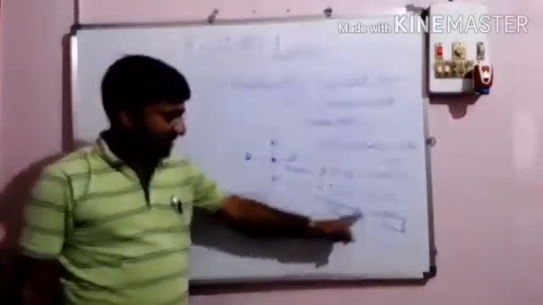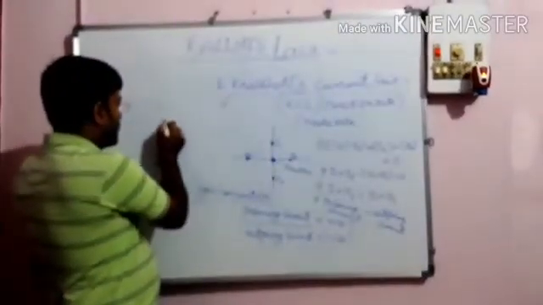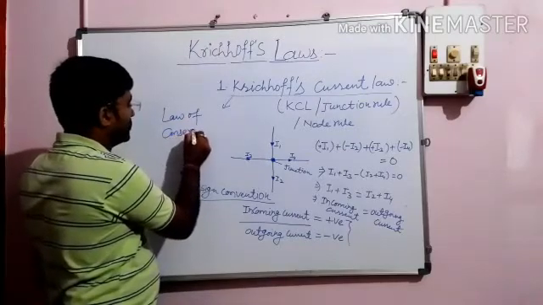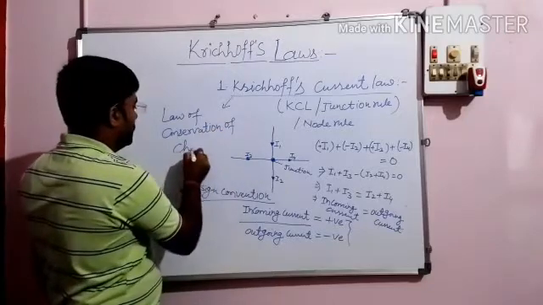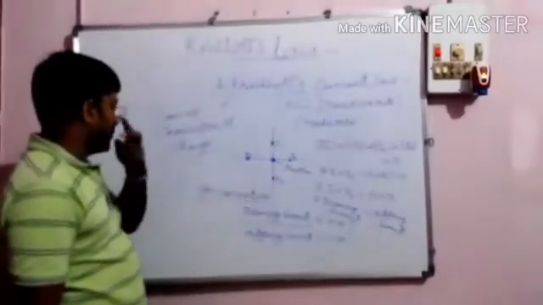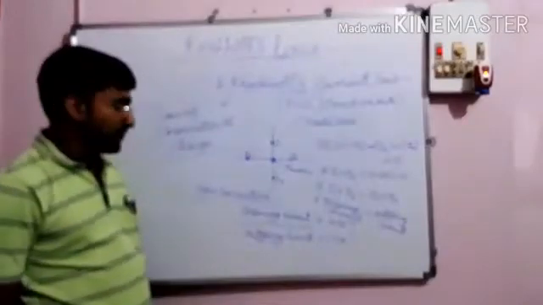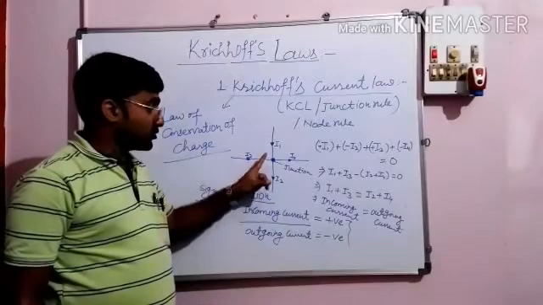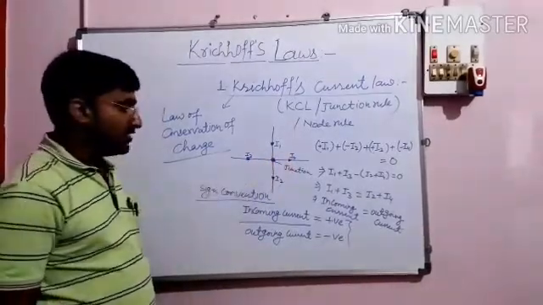That's why incoming current is equal to outgoing current, which explains the law of conservation of charge. Kirchoff's first law is based upon the law of conservation of charge. Clear?